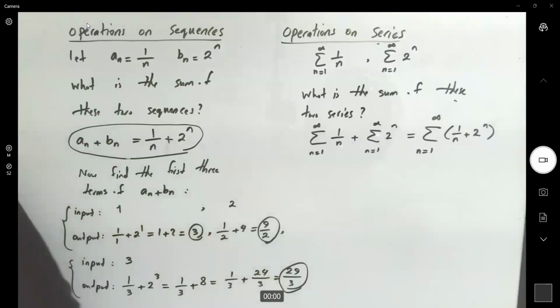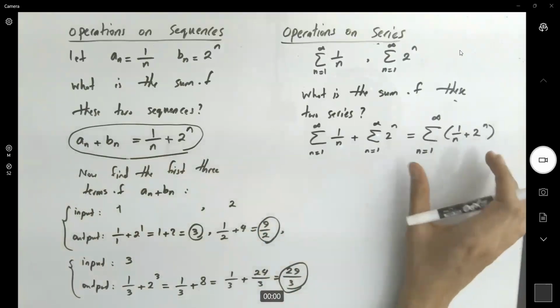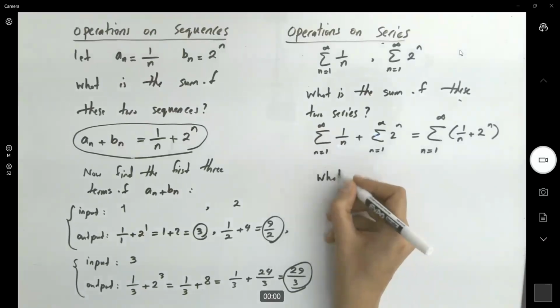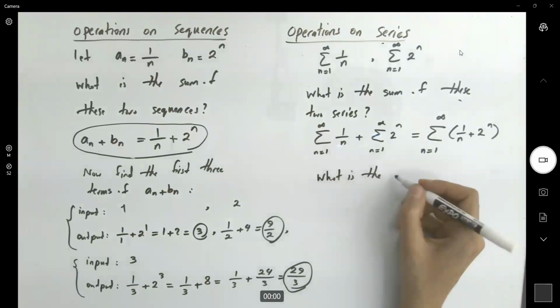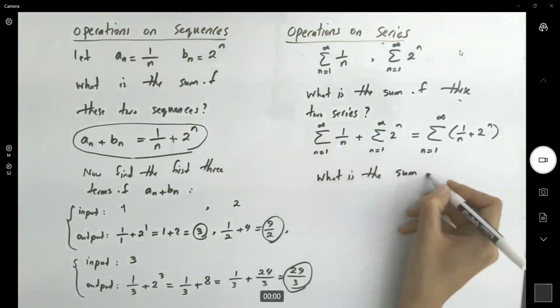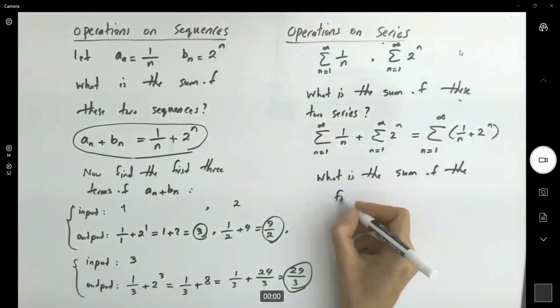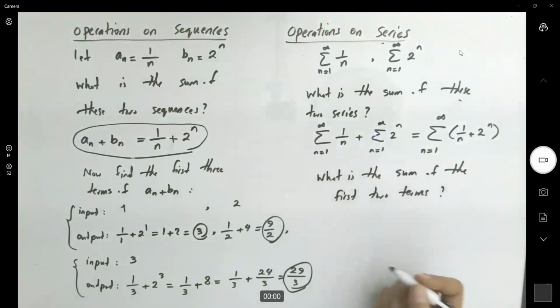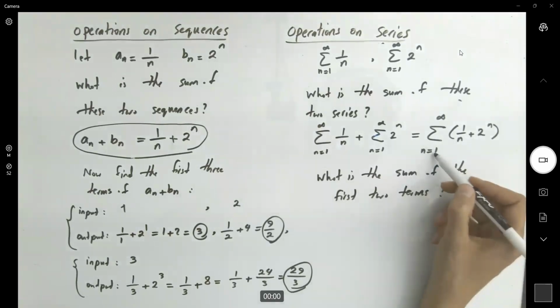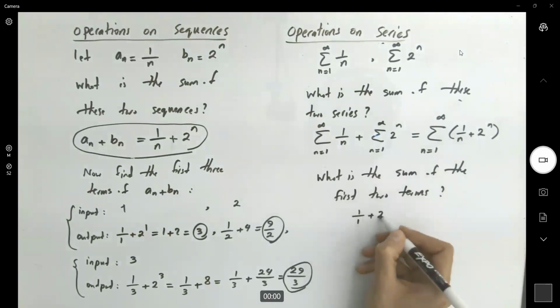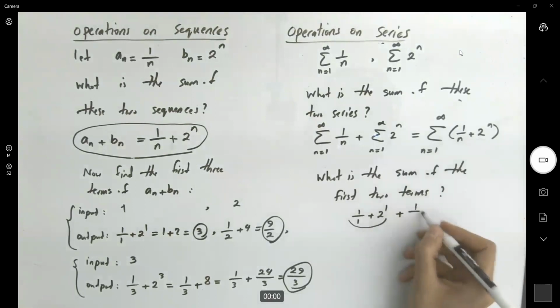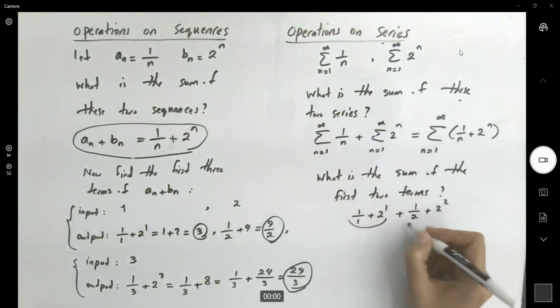So another question might be, hey, write down the sum of the first 2 terms of this series. The very first 2 terms, if n is equal to 1, you get 1 over 1 plus 2 to the first. This is the first term of your series, and the second term is a half plus 2 to the second.